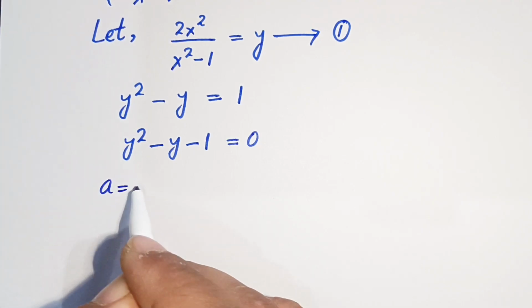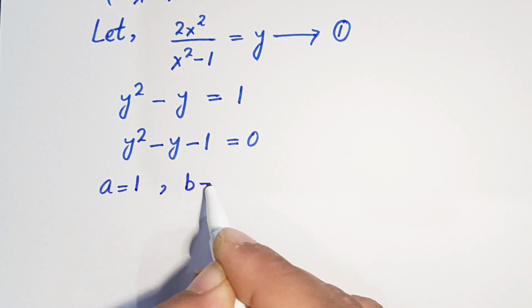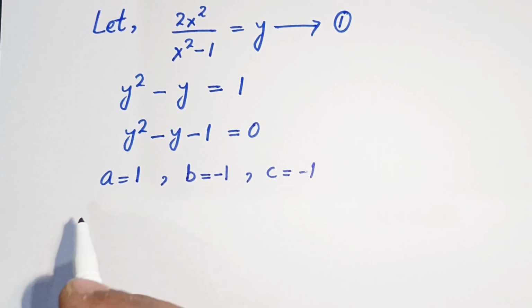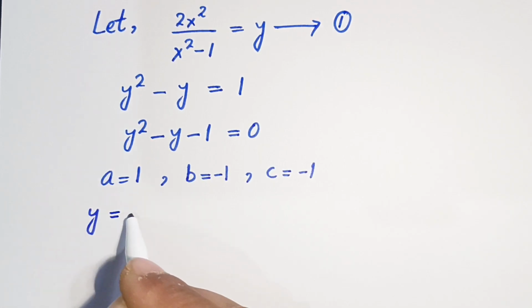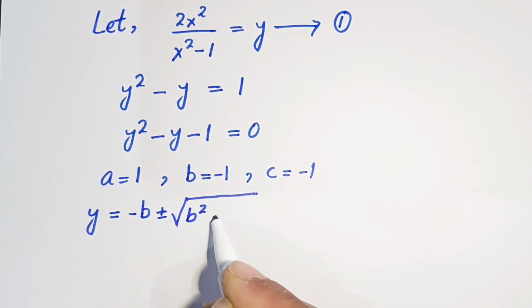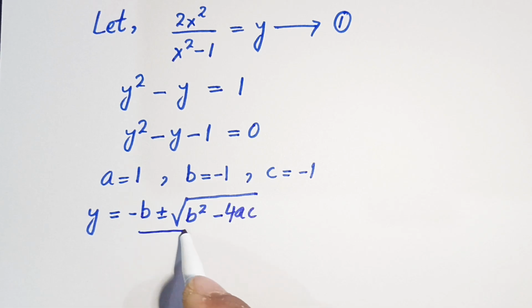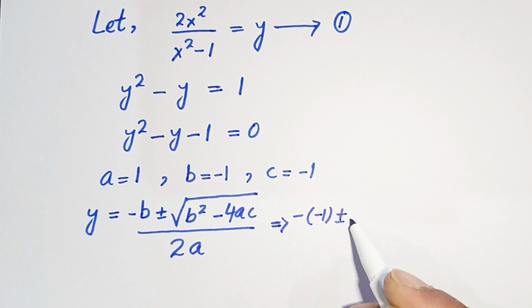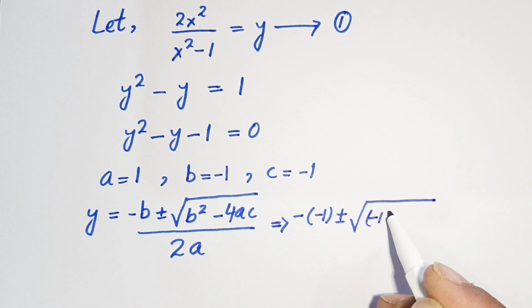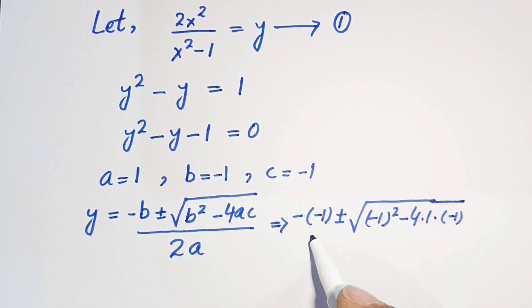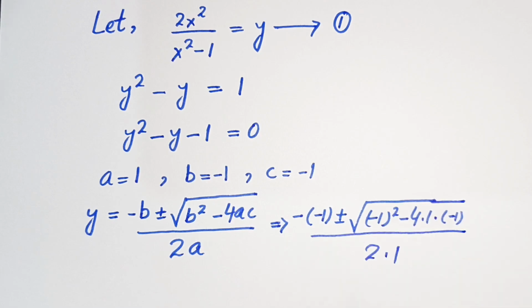So here the value of a is equal to 1, b is equal to minus 1, and c is also equal to minus 1. So using the quadratic formula, we have y is equal to minus b plus minus square root of b squared minus 4 times a times c, all over 2 times a. So here if we put values, then we get minus times minus 1, plus minus square root of (minus 1) squared minus 4 times a is 1 and c is minus 1, all over 2 times a is 1.